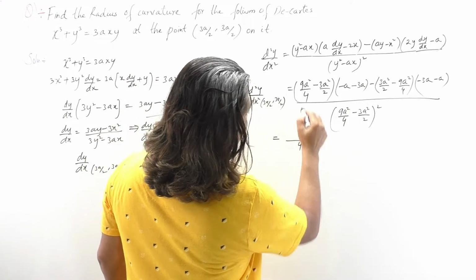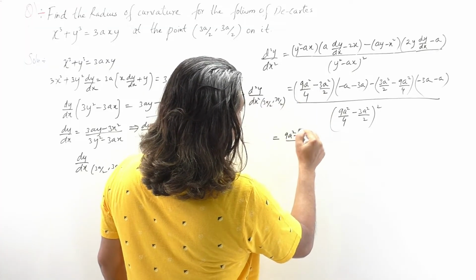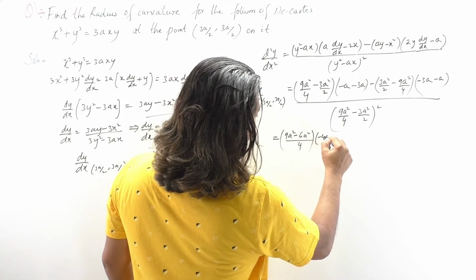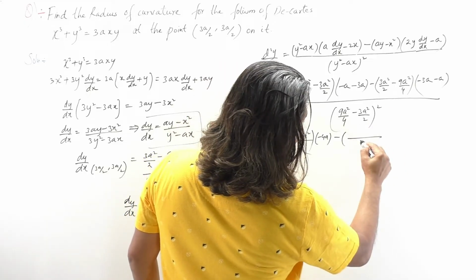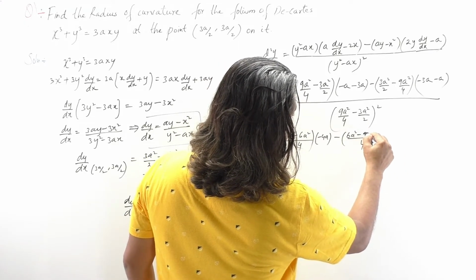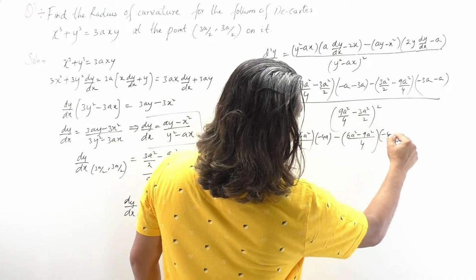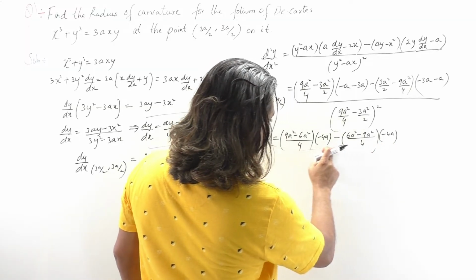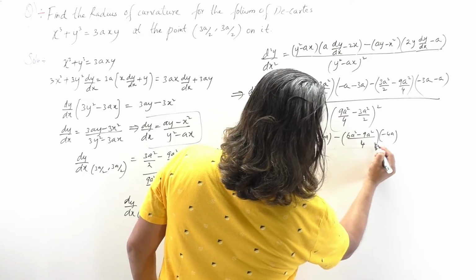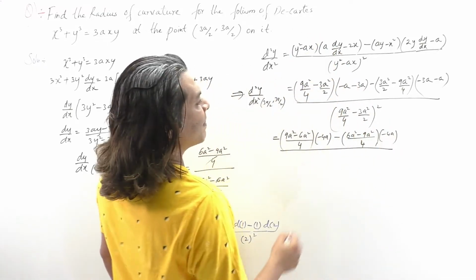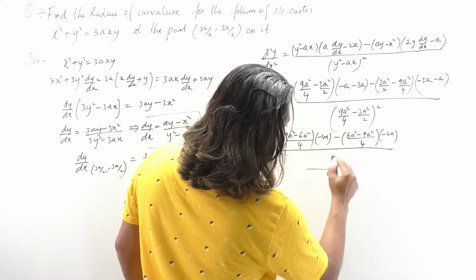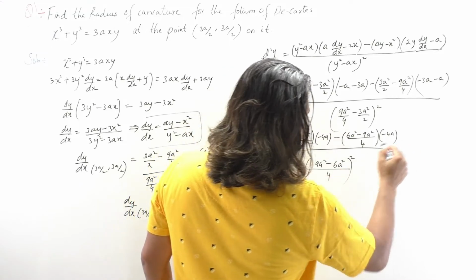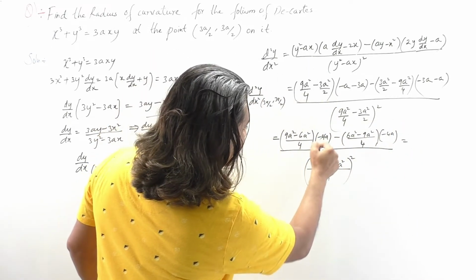LCM is 4: 9a square minus 6a square, minus 4a, minus again 4, 6a square minus 9a square minus 4a, whole divided by, the LCM is 4, 9a square minus 6a square, the whole square. So this will be now 4 cancels.